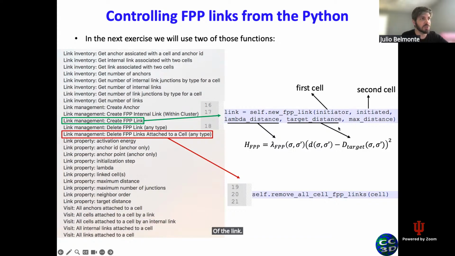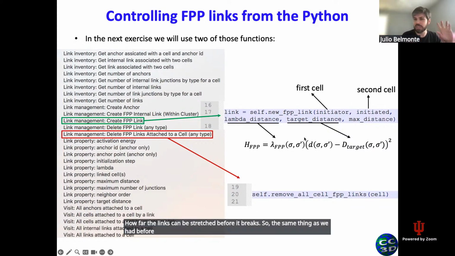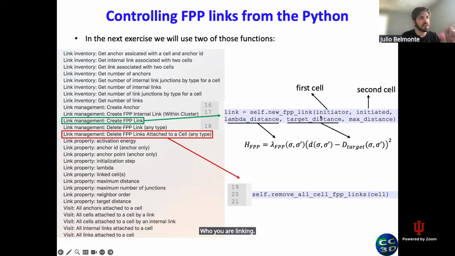The second is going to be the target distance of the link. And the last one is going to be how far the link can be stretched before it breaks. So the same thing as we had before, but now you're seeing that on the Python level. You can specify who you are linking, the strength of the linking, the ideal length, and the length at which it breaks. Basically, that's it. So it corresponds to these terms here.